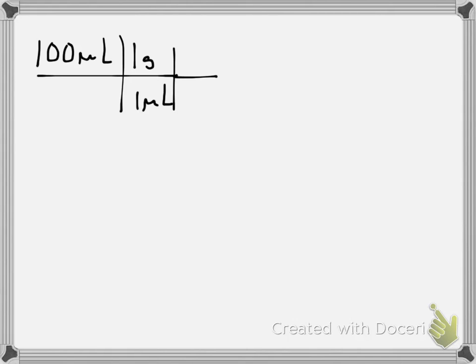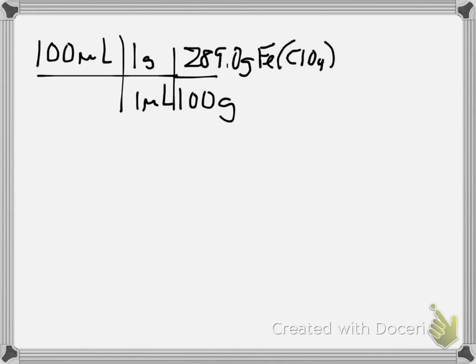Okay, what's the molarity of a saturated solution of iron 3 perchlorate at 0? Again, probably more than one way to start this, but let's look at what a saturated solution would contain in terms of moles of our solute. So in 100 milliliters of water, 1 milliliter has a mass of 1 gram. Well, in 100 grams of water, we can dissolve 289.0 grams of iron 3 perchlorate.